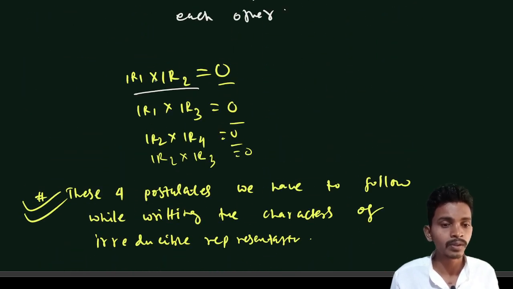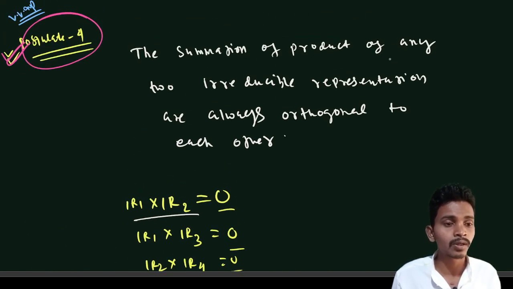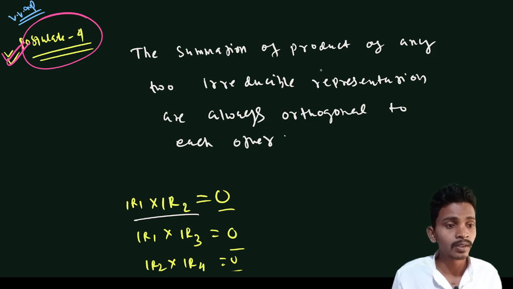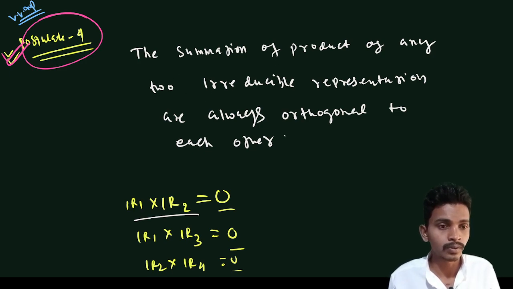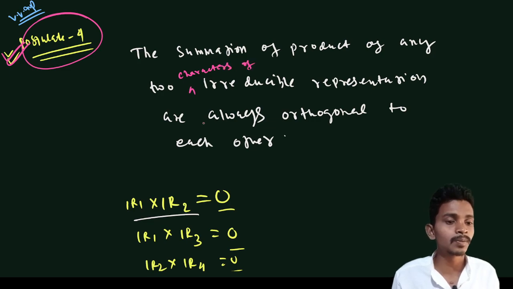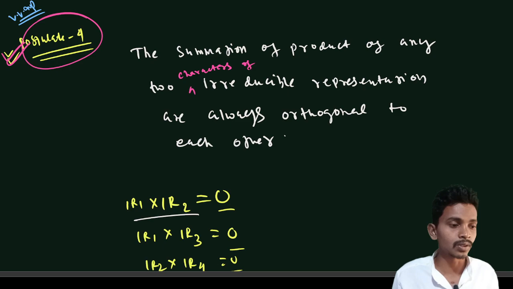That means here the summation of the product of any two irreducible representation characters, here I should write characters, of irreducible representations is always orthogonal to each other.